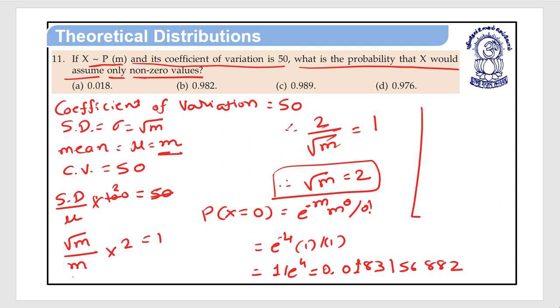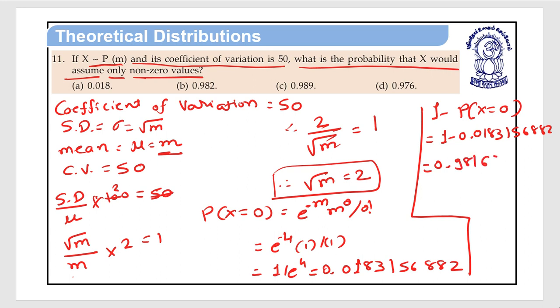So 1 minus P of X equal to 0, which is 1 minus 0.01831568882, is equal to 0.9816843112.